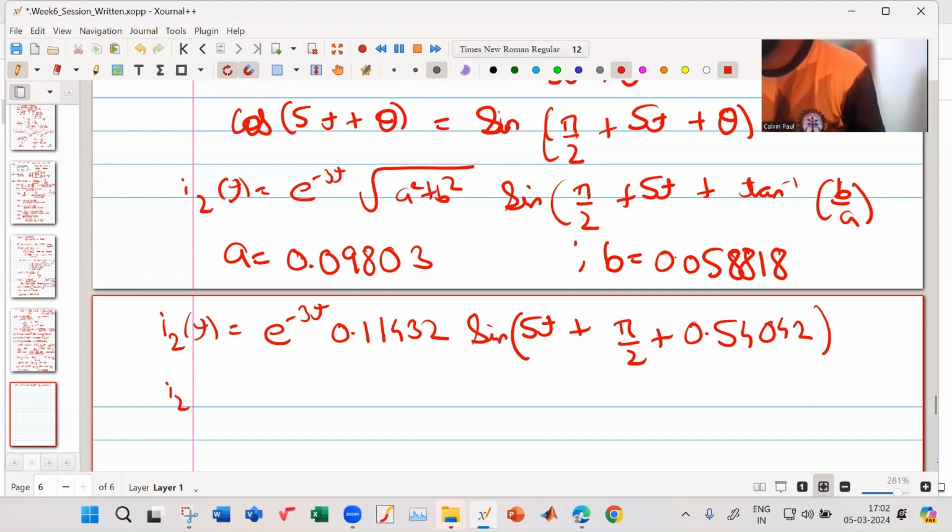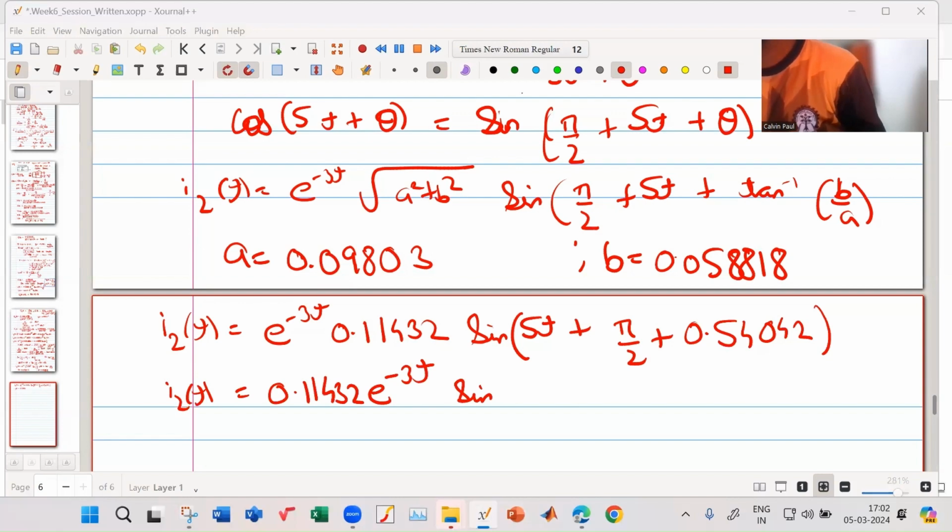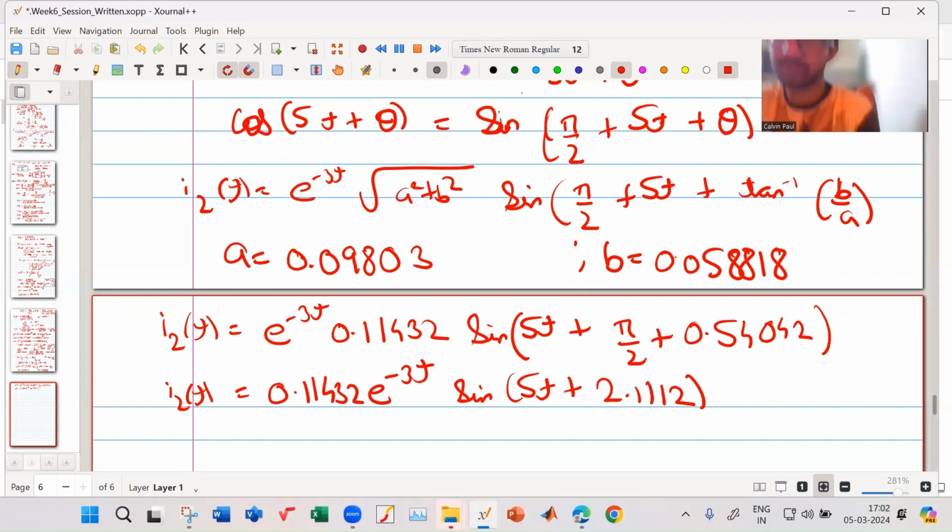So this I2 of t is equal to 0.11432 e raised to minus 3t into sine of phi t plus 1.57 plus 0.54042. This becomes 2.1112. This is the value. So this is my I2 of t.